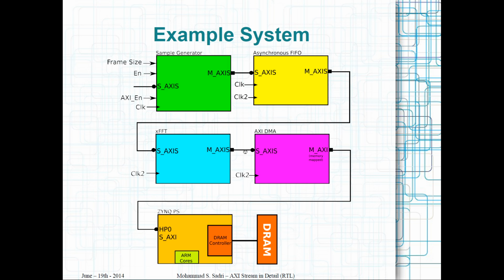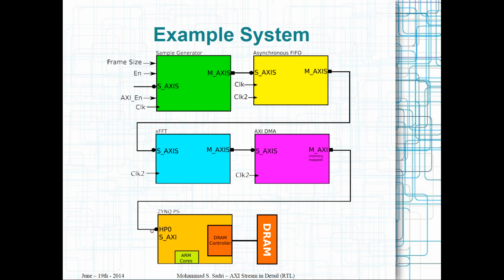And when you want to transfer data from the PL to the PS, you have to pass the data to the PS through one of these AXI memory mapped ports. So what we are doing here is that we use the AXI DMA module, and it will receive the AXI stream data and put it in the DRAM through the AXI memory mapped interface.